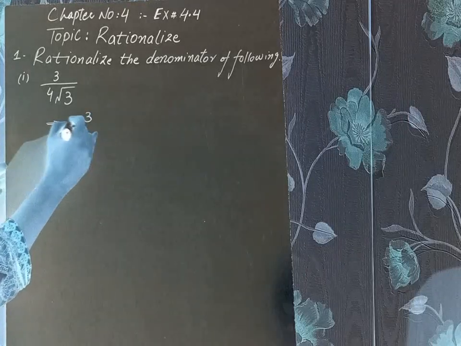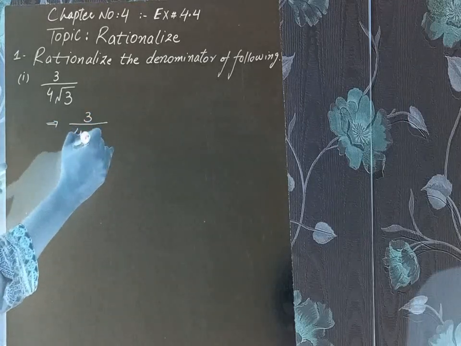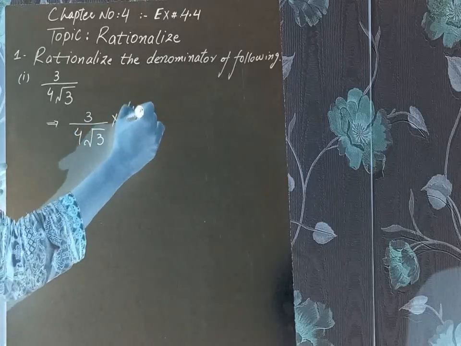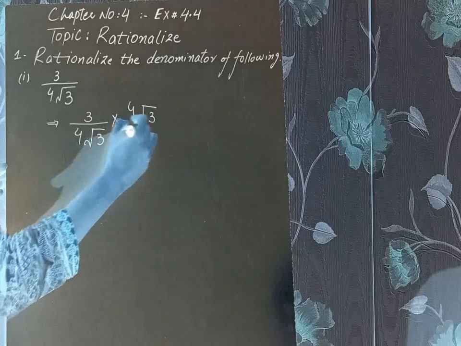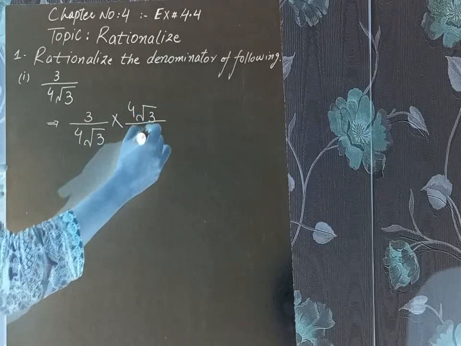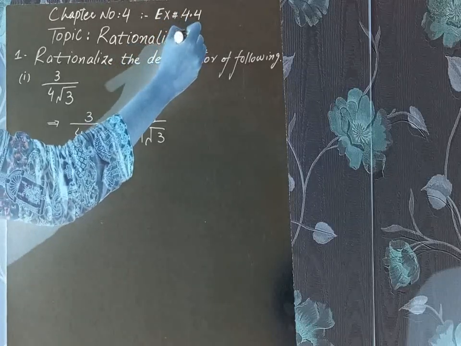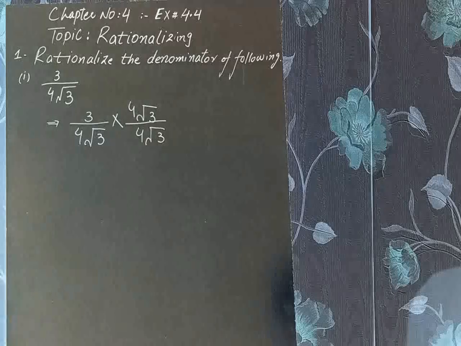This is 3 over 4 under root 3. Multiply by 4 under root 3 divided by 4 under root 3. So now what will we do here?